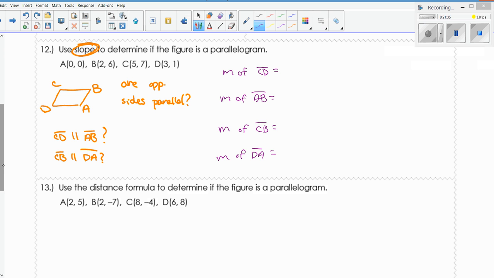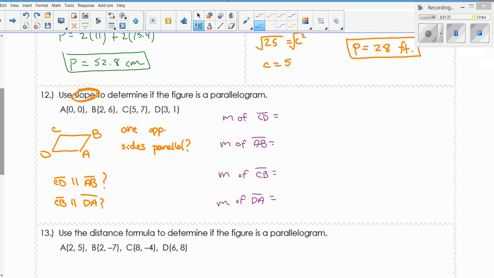Given that I have vertices, I'm just going to use my slope formula. Right now I'm looking at C and D, so these two coordinates. Change in y over change in x: 7 minus 1 over 5 minus 3. Now I'm looking at AB, so these two.